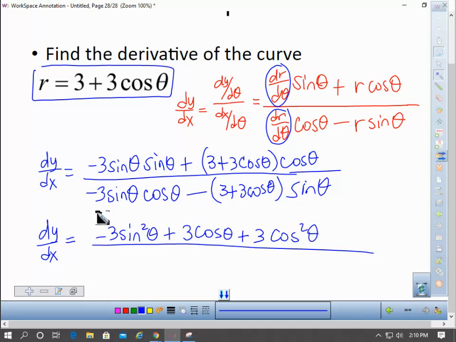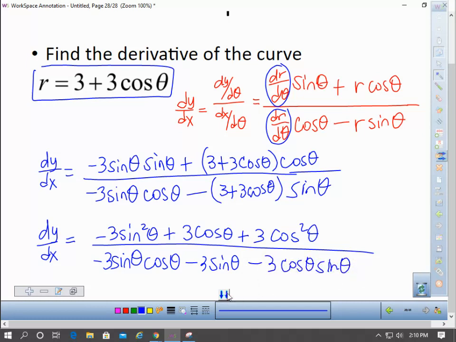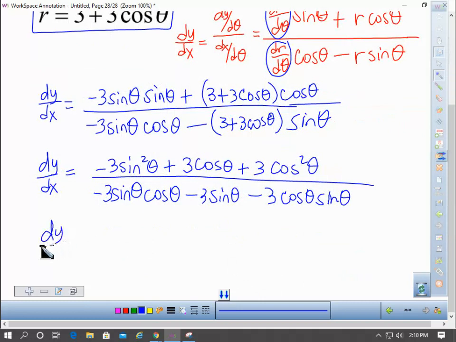And then in the bottom, I've got minus 3 sine cosine. And then distributing this across, I'll have a minus 3 sine. And then a minus 3 cosine sine. Just still simplifying away here.